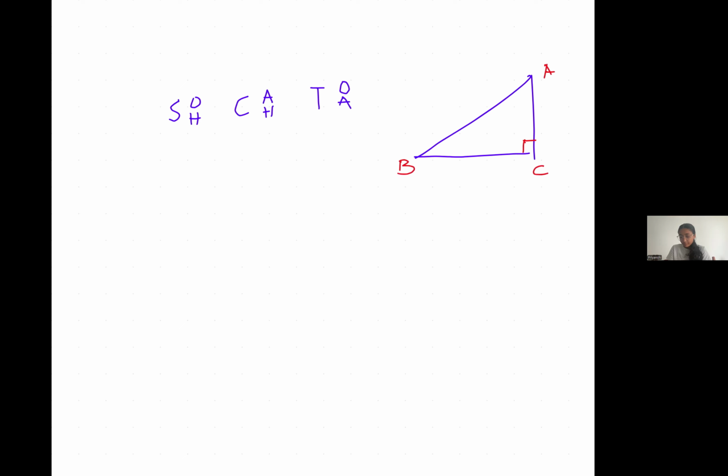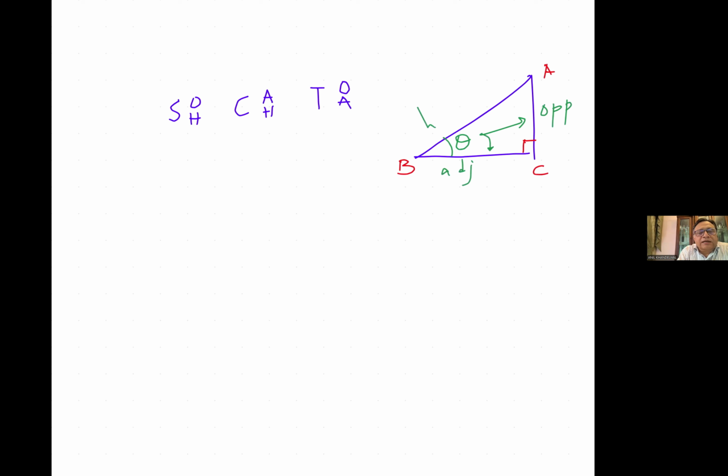From this angle, the side which we look at, this is the opposite side. And this side is adjacent to the angle, and the 90 degrees. And the longest side is, of course, the hypotenuse.